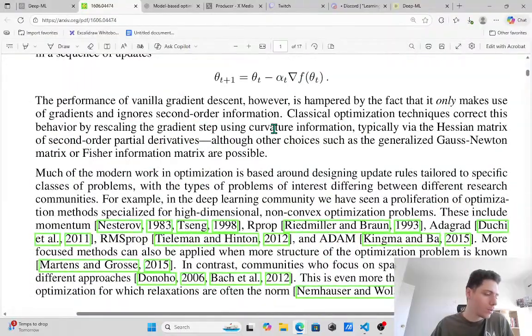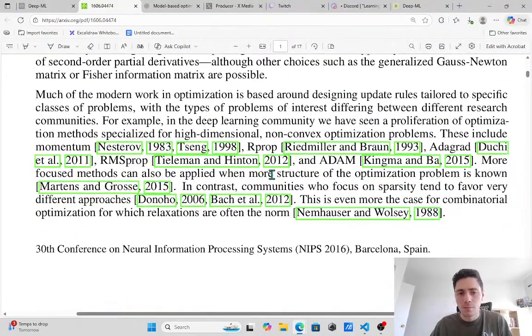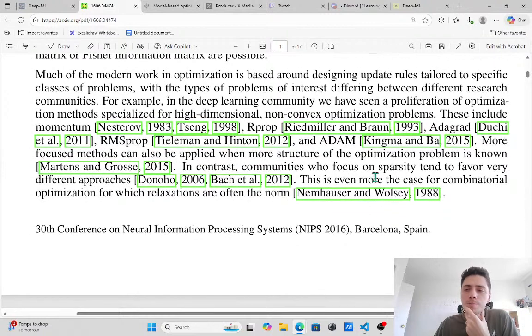There are some newer things, but it's still widely used. It's saying different communities have different optimizers.